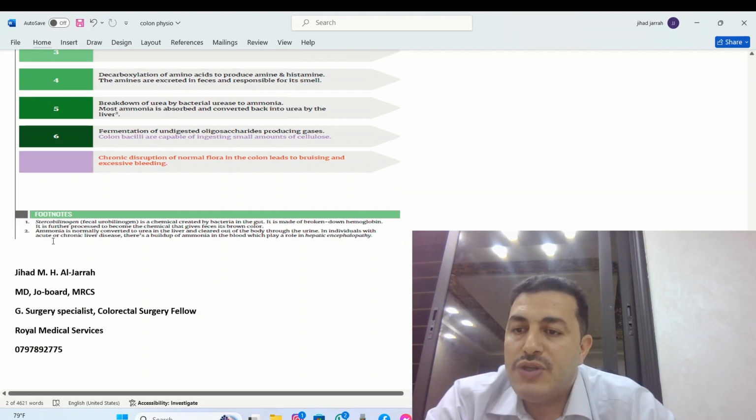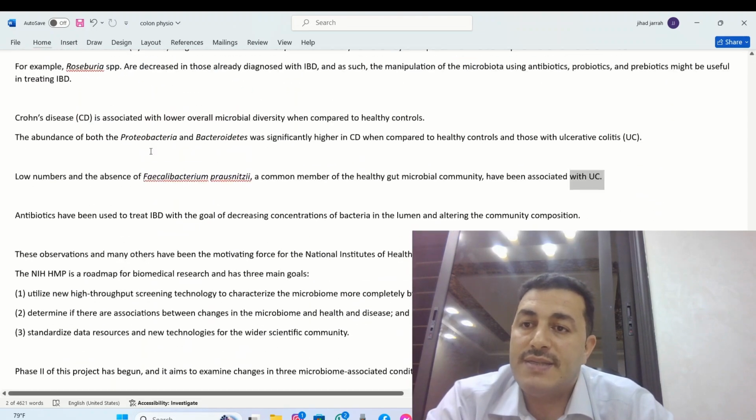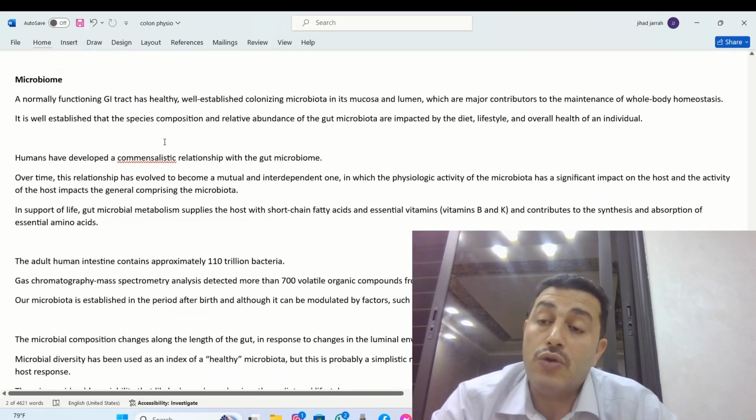This is nice information. Ammonia is normally converted to urea in the liver and cleared out of the body through the urine. In individuals with acute or chronic liver failure, there will be a buildup of ammonia, and this will lead to hepatic encephalopathy. This is regarding the microbiome of the colon.